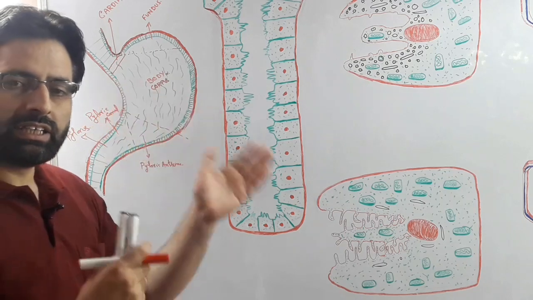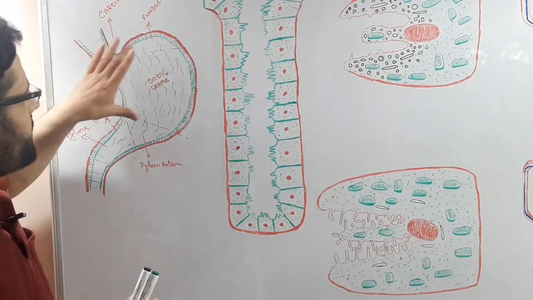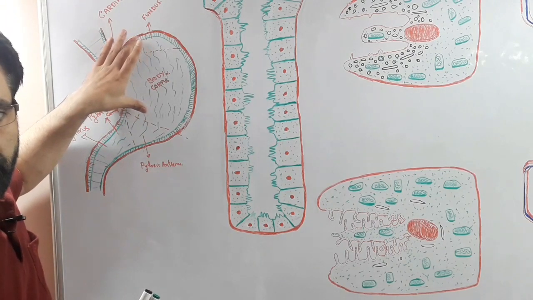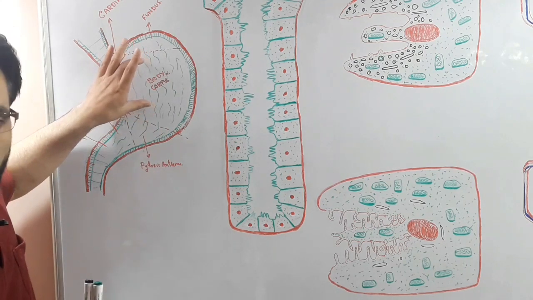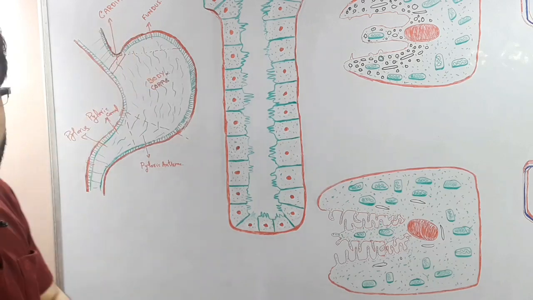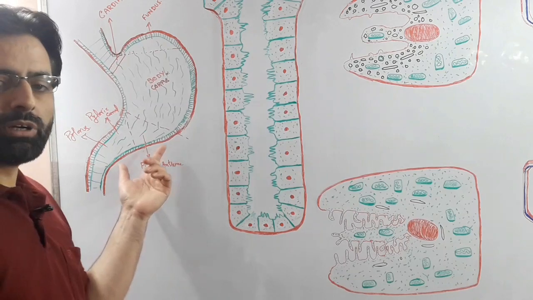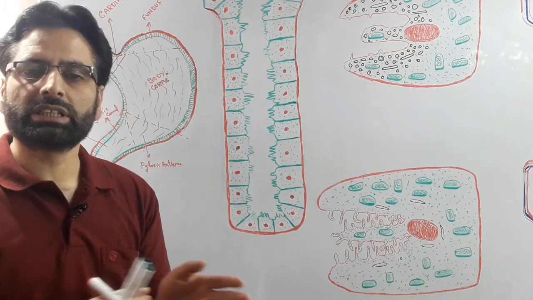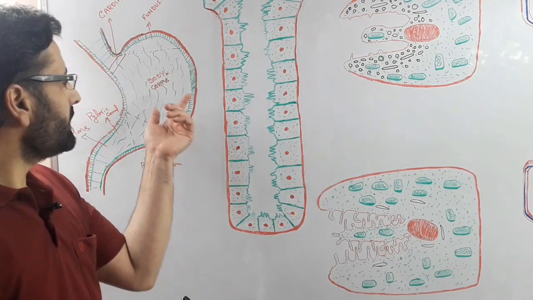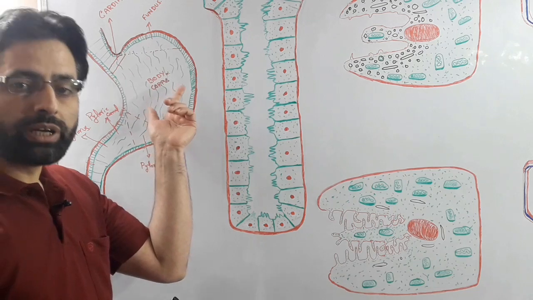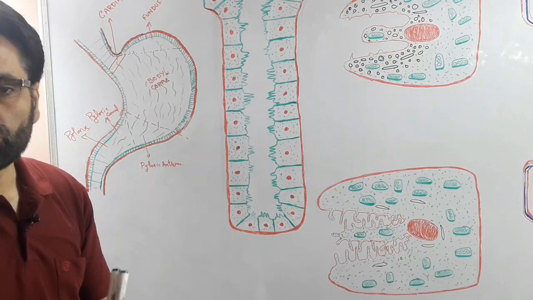So far as the secretion of hydrochloric acid is concerned, we have parietal cells only in this portion, and so hydrochloric acid is secreted by the main body of the stomach as well as the fundus segment of the stomach. The pyloric part or cardia region of the stomach does not secrete hydrochloric acid because parietal cells are present only in the gastric glands of the main body or corpus segment and the fundus part of the stomach.